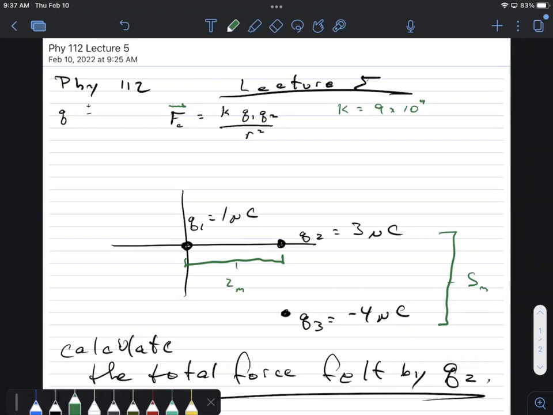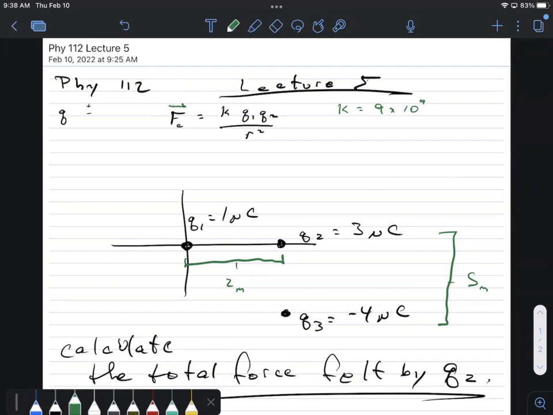And thus, when you have an arrangement of charges, depending on how they're located with respect to one another, it may be necessary to add up the forces not just like numbers, but like vectors. And we remember, when you're working with vectors, generally speaking, they're going to be pointing in different directions.